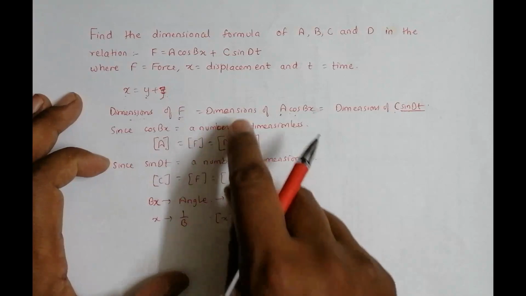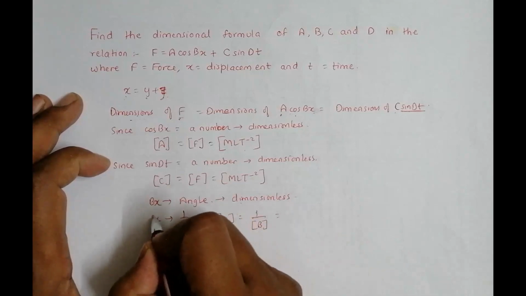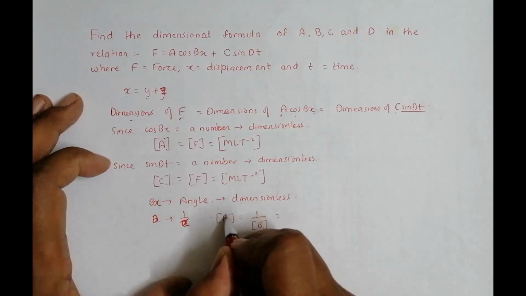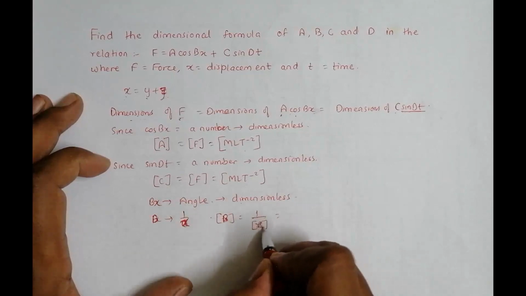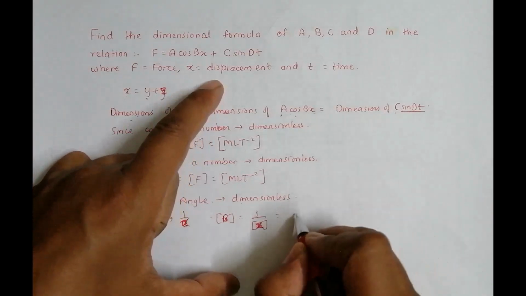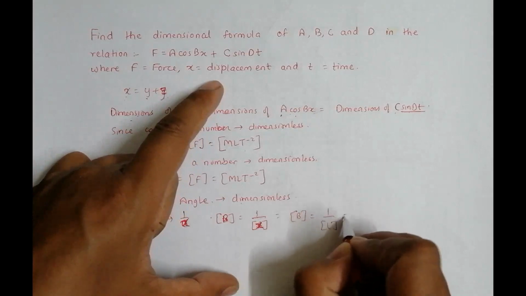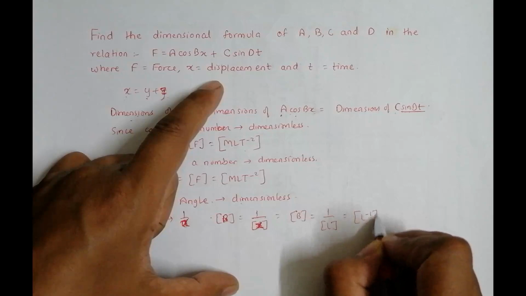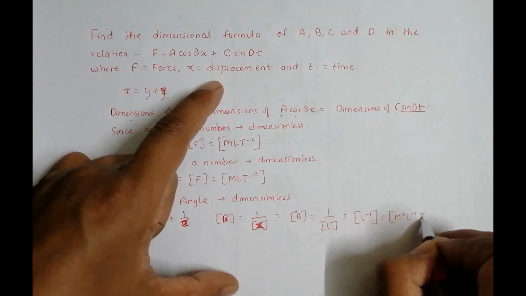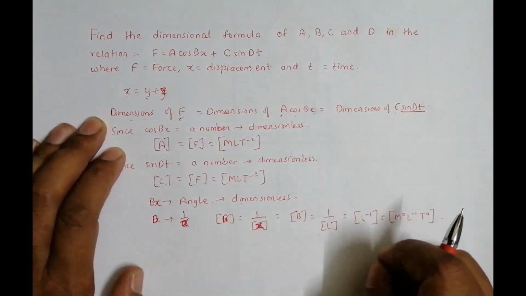So b is equal to 1 by x, which means the dimensions of b should be equal to 1 by the dimensions of x, and we are given that x is the displacement. So the dimensions of b should be equal to 1 by L, which is equal to L minus 1. If I write it in full form, it should be equal to M0 L minus 1 T0. So b is also done.